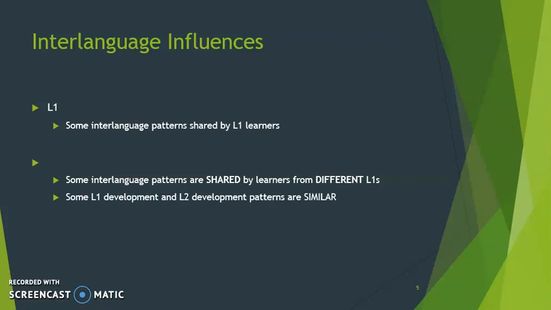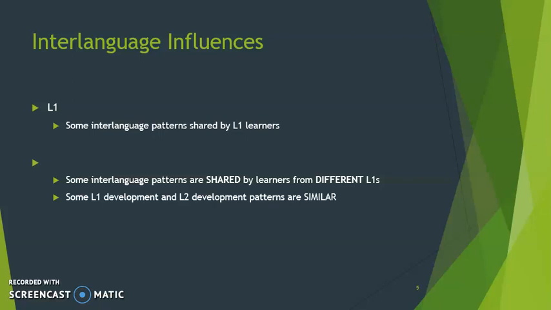Another important thing to think about is, although some learners who share the L1 have a problem, we might also see that same pattern shared by learners from different L1s. And we also might see that same pattern in L1 development before we even get to an L2.